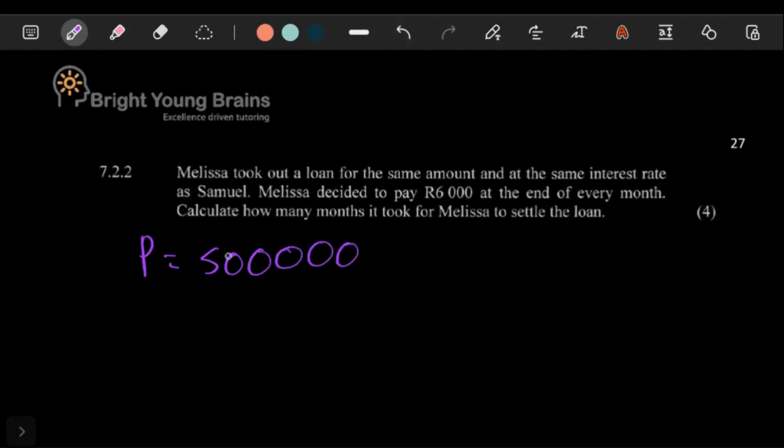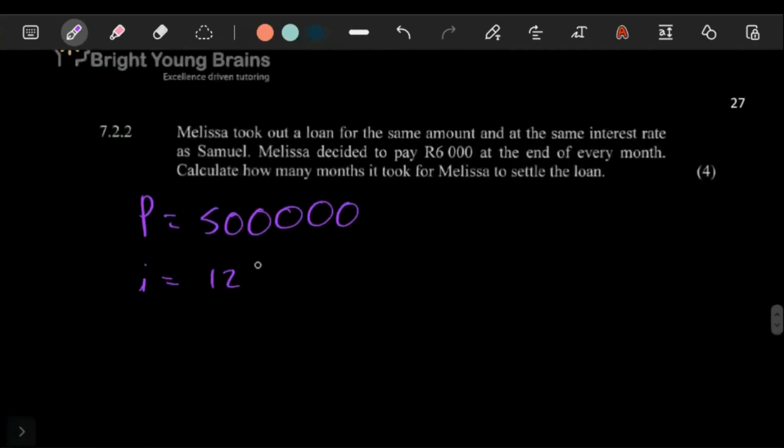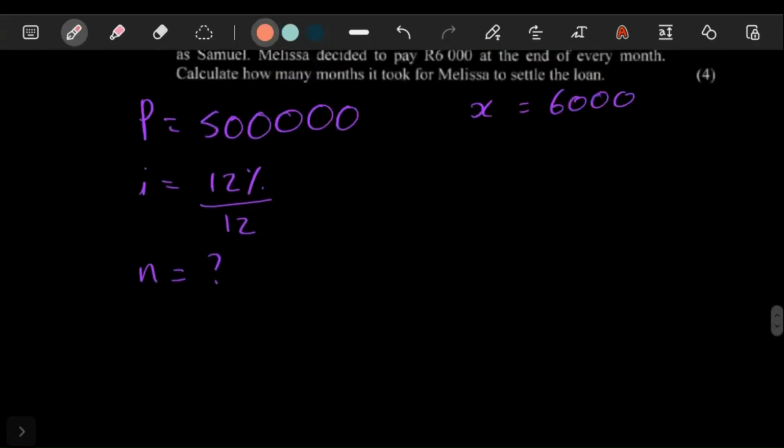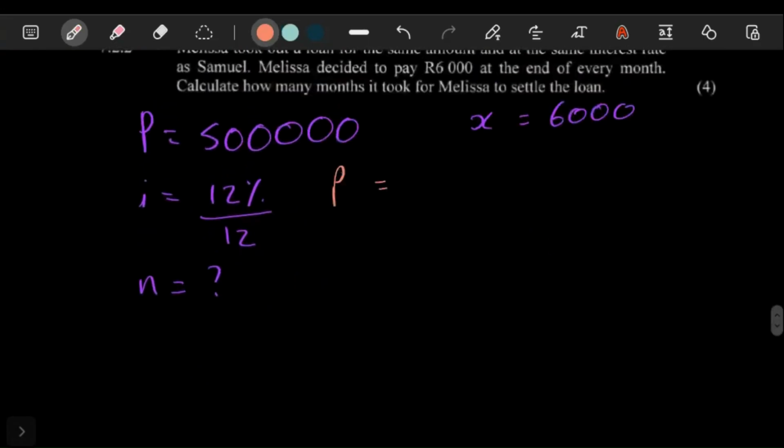And then interest, they said the same interest rate, so it's 12 percent per annum compounded monthly. n is what we're looking for. x is 6,000. So since we're working out n, when you isolate n in your formula, the steps are not very different, you see.